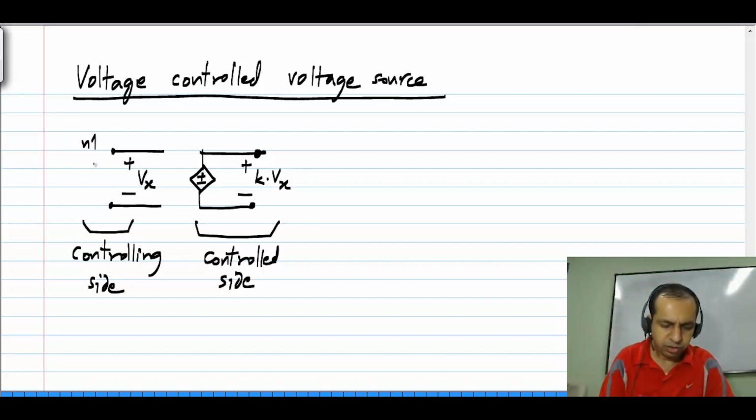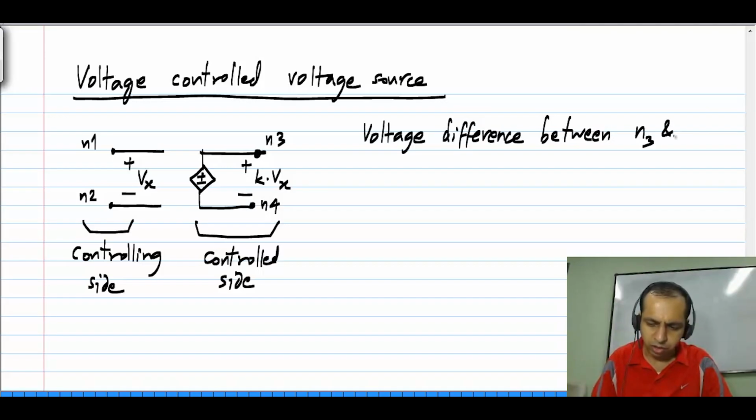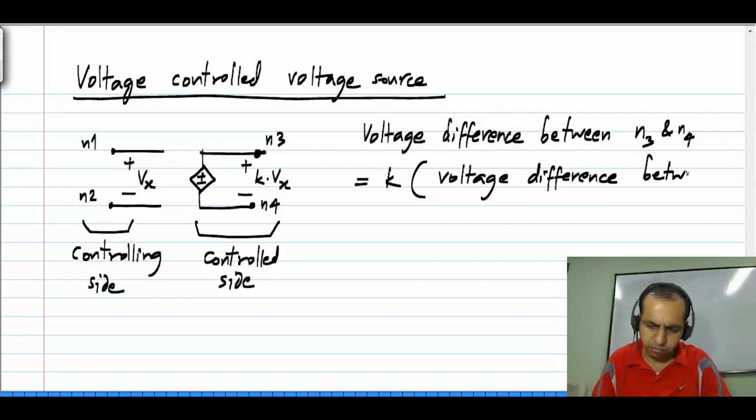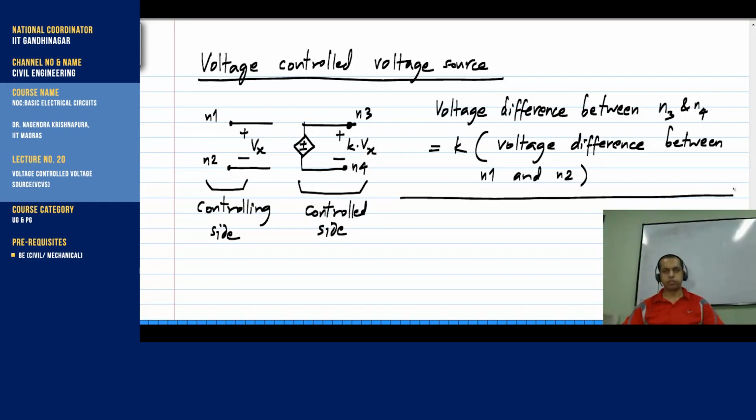If I label these nodes N1, N2, N3 and N4, what this says is the voltage difference between N3 and N4 equals k times the voltage difference between N1 and N2. So that's the meaning of the symbol.